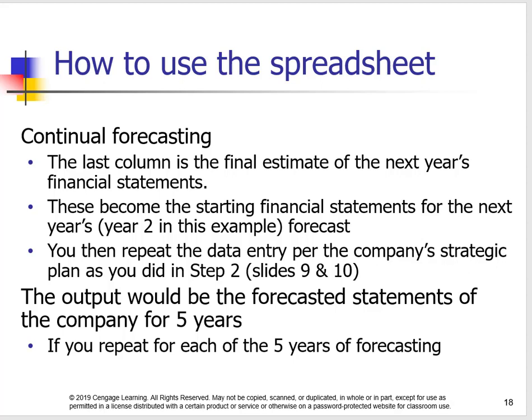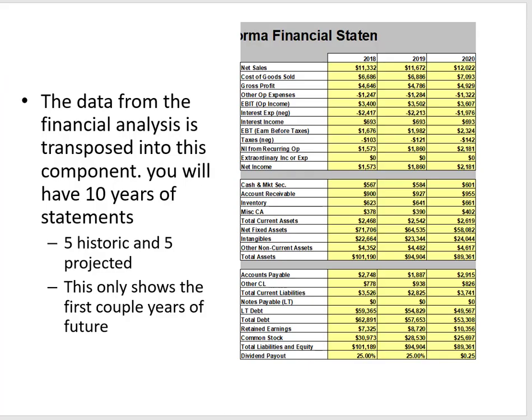So then you're predicting year two. And then that last column of year one's forecast is the forecast for year two. And you could repeat this over and over again so that eventually you can end up with forecasts of the future. Here are the forecasted financial statements.